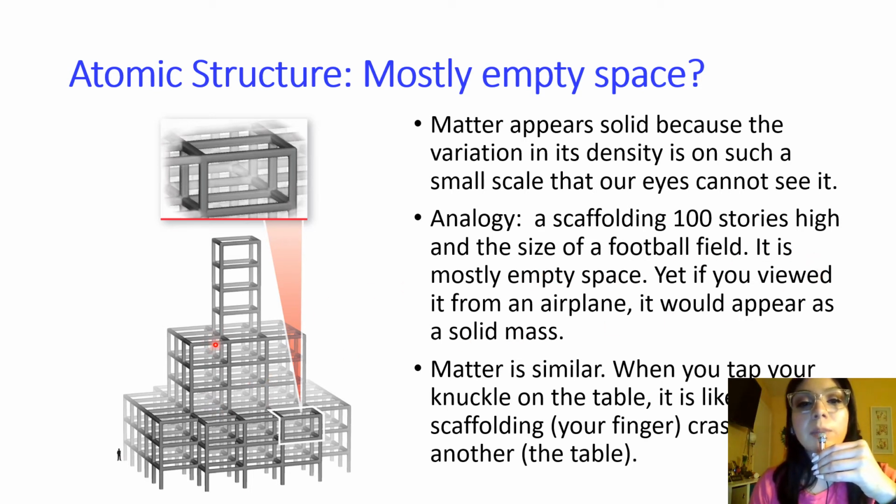It's mostly empty space whenever you zoom in on it, right? But if you looked at it from bird's eye view in an airplane, it would look like a complete solid. So it's very similar with matter. It's a very similar situation where if you look macroscopically, it's a solid, but if you look closer, it's actually a lot of empty space.